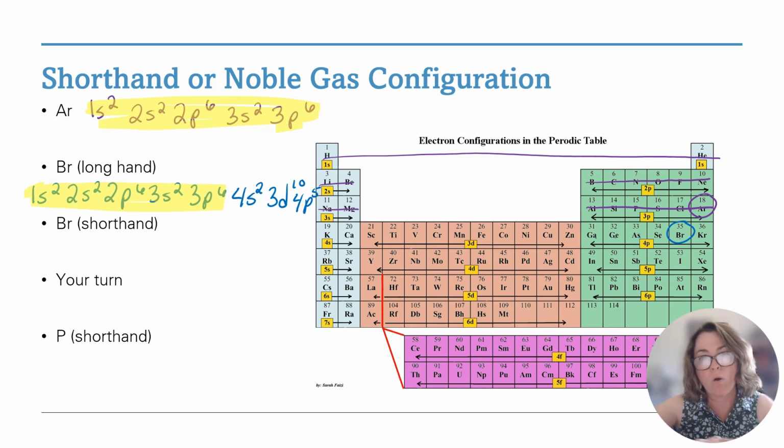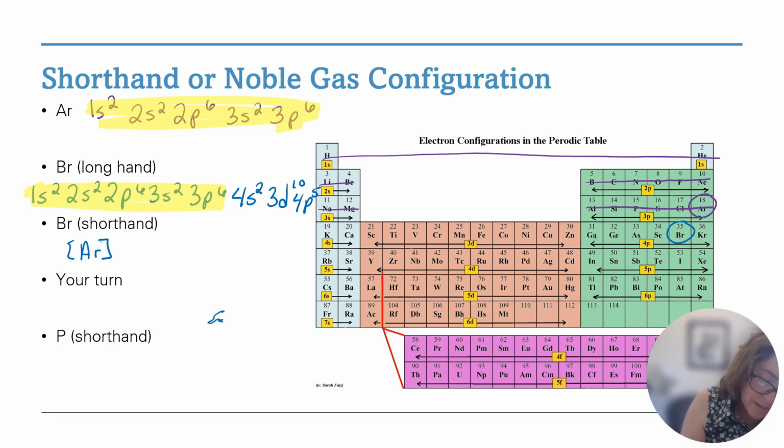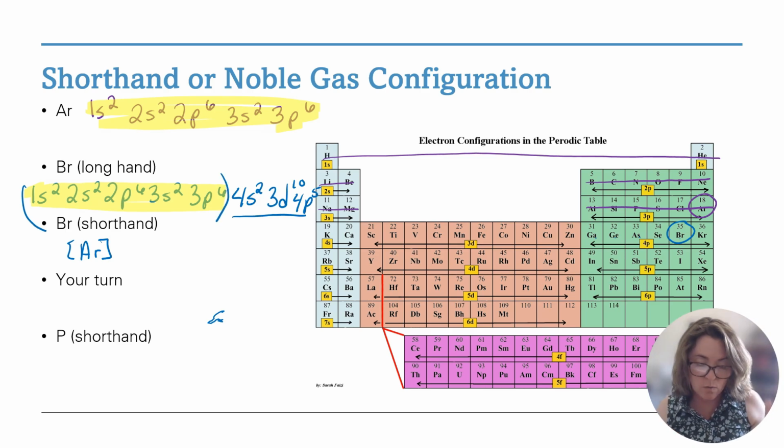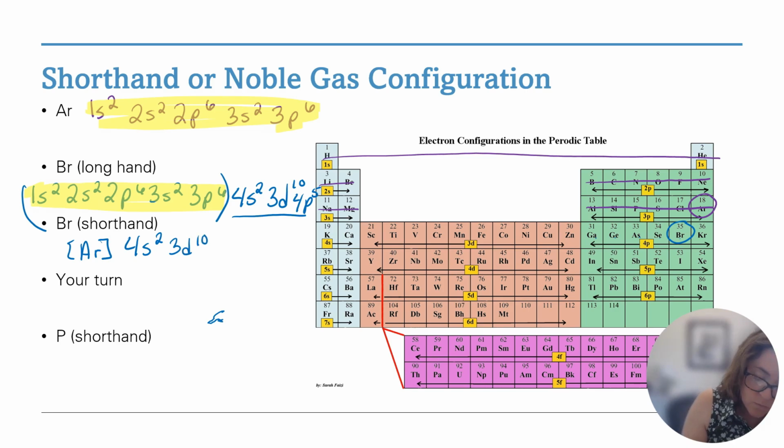Rather than writing out that whole thing, for my shorthand, I am going to write argon in brackets, and then I am going to finish it up with my outermost electrons. So this right here, 1s2, 2s2, 2p6, 3s2, 3p6, is represented by argon in brackets. And then I'm going to write out the rest of my electron configuration, which is 4s2, 3d10, 4p5.